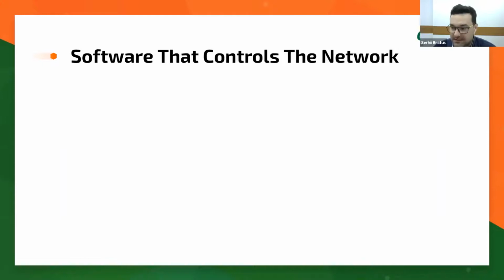Software that controls the network. This is the tricky one, because it may work just fine by itself, but when you intercept something or do something with the network card or the packets, you're impacting everybody else, and you need to measure those if they have latency problems.